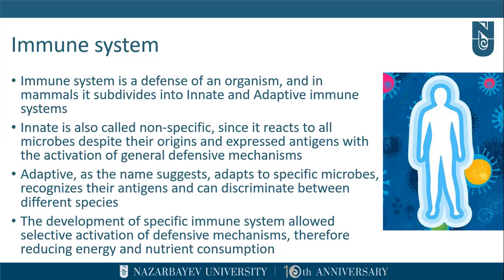Especially now, we are very prone to the SARS-CoV virus. Our system is divided into innate and adaptive. These are two types of immune system which do their best to prepare us to be ready for the pathogens. The innate is given from the very first day of your birth.